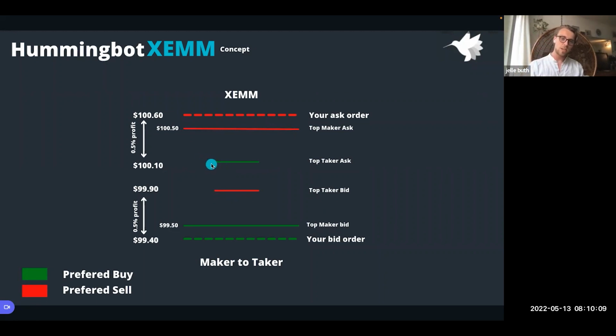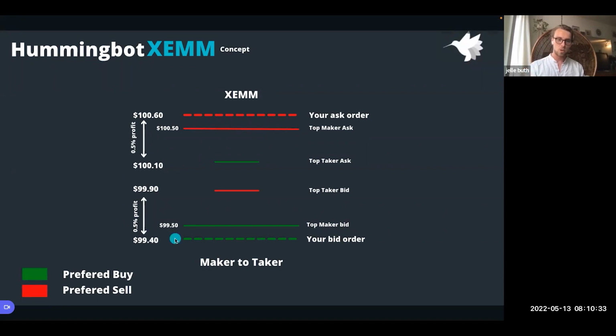So what it does, it knows it can buy an asset at $100.10. You want to capture a profit of, let's say, 0.5%. So it will place the order a specific profitability target away from where it can buy the asset. And once this maker order is filled, let's say your sell order, it will directly buy back the asset on the second exchange, the taker exchange.